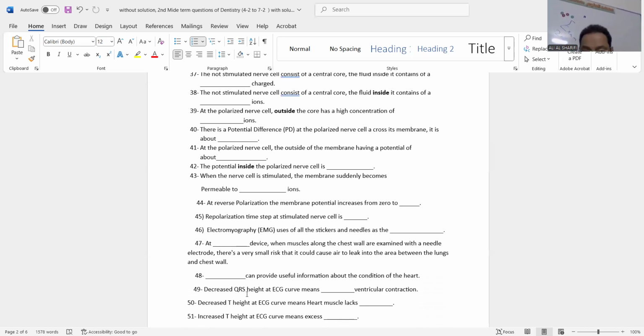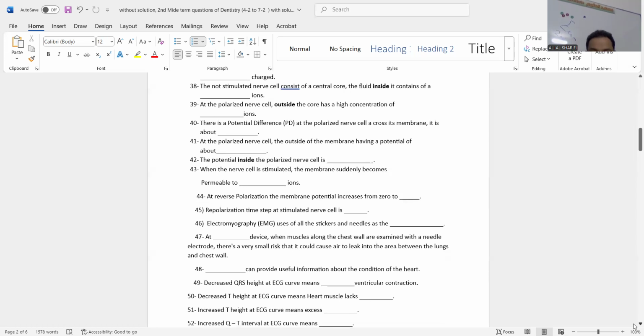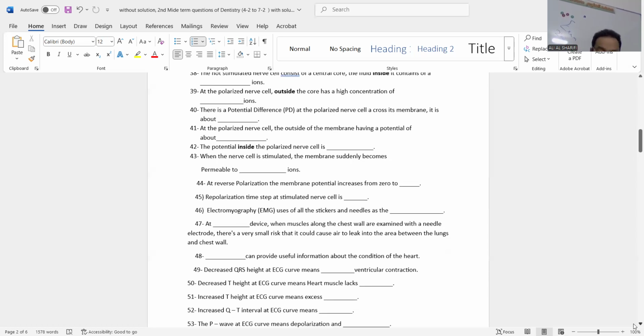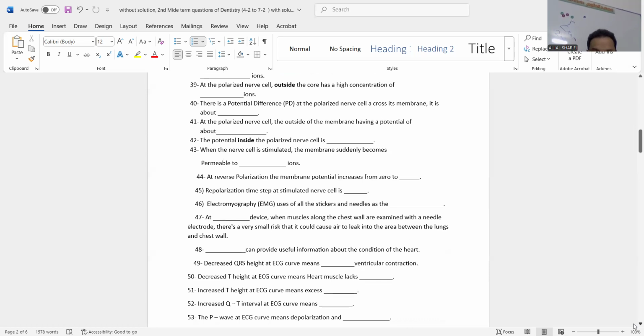Heart attack, oxygen leaks, what? Decreased T height at the ECG means heart muscles lack what? Oxygen, nitrogen, helium, what? Increased T height at the ECG means excess what? Increased QT interval at the ECG curve means what?